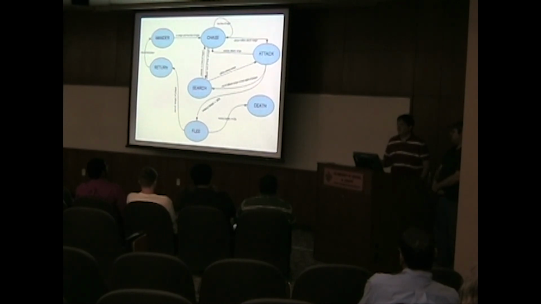It attacks, and if the player somehow escapes our intelligent artificial intelligence, then it begins to chase again. If the enemy dies, then it queues up to say, okay, I'm dead. But if the player gets away and the enemy loses sight, then he begins to search again. That's basically our finite state machine.